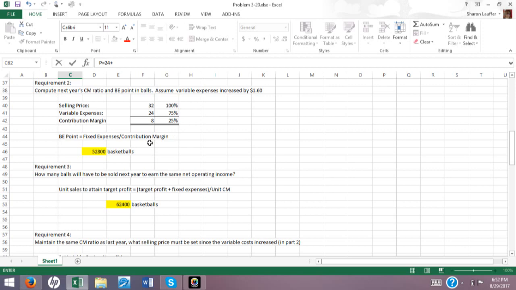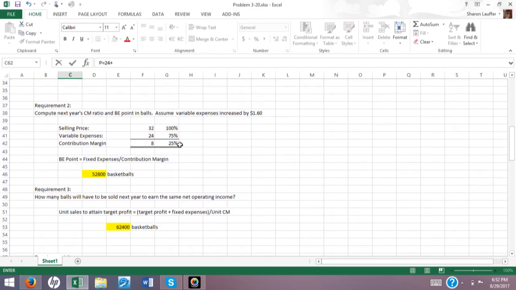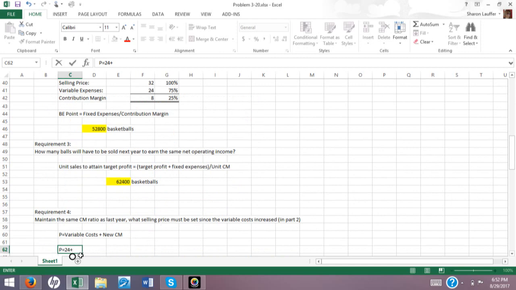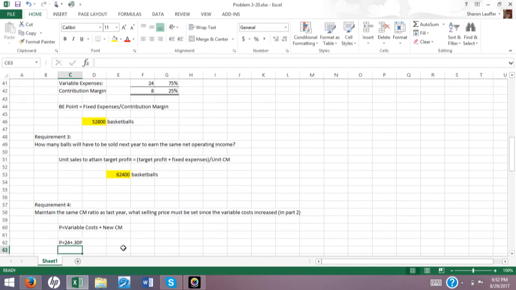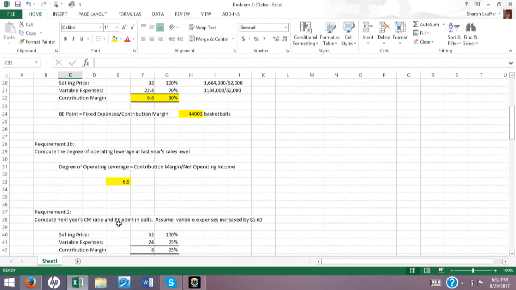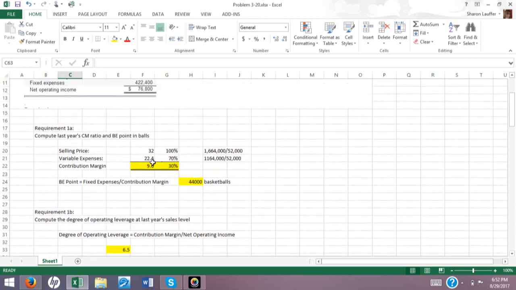Where is our new contribution margin? It is 30% times the price. Oops, that should be a capital P. That's because we want the same contribution margin ratio as last year, and that 30% came from up here in requirement 1.